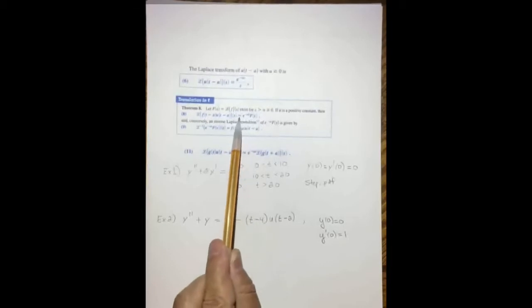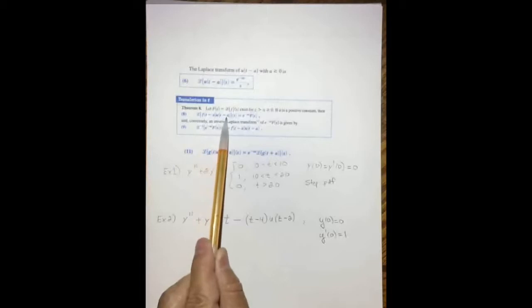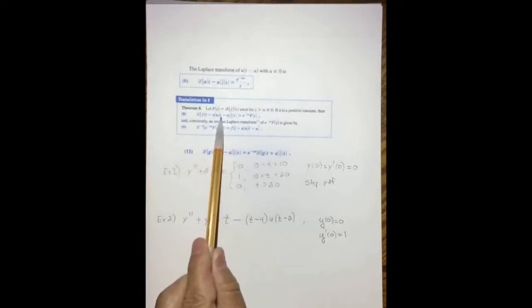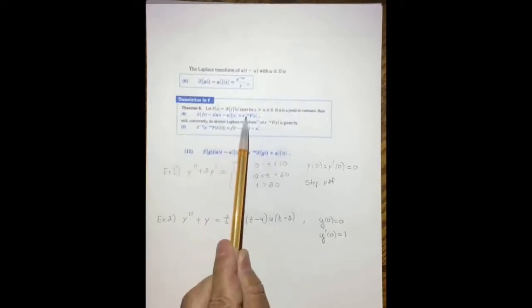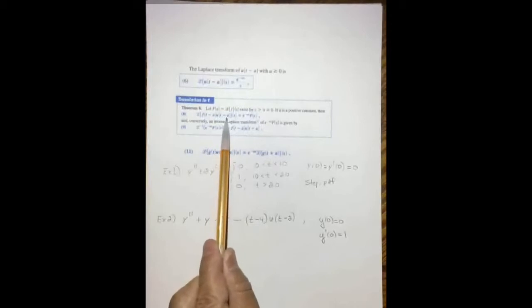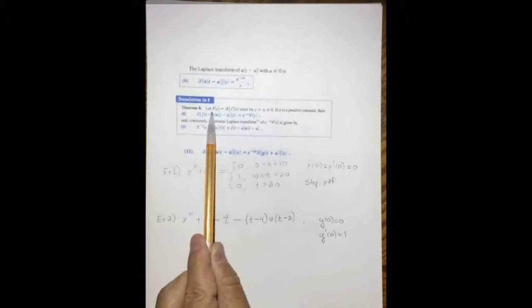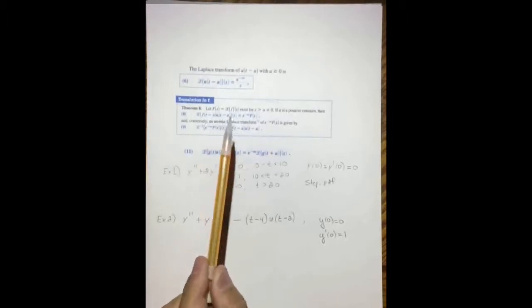Now this is wonderfully simple when you can get this. When the variable in the problem is t minus a everywhere, and we step it with the unit step function at t minus a, then the Laplace transform is e to the minus as, that comes from this part, times then the Laplace transform of just f of t, not f of t minus a.